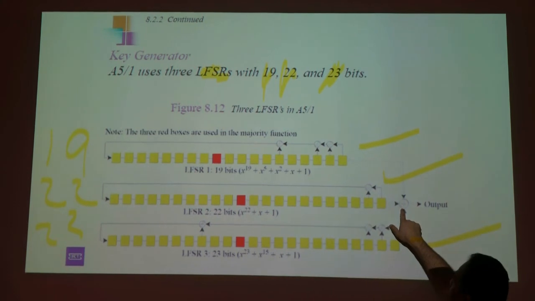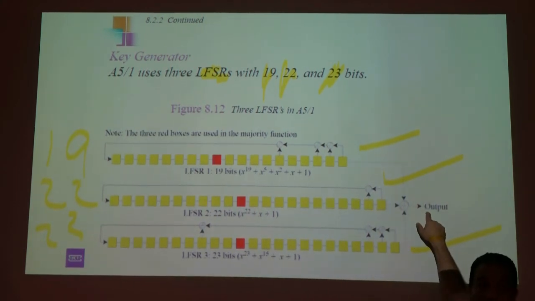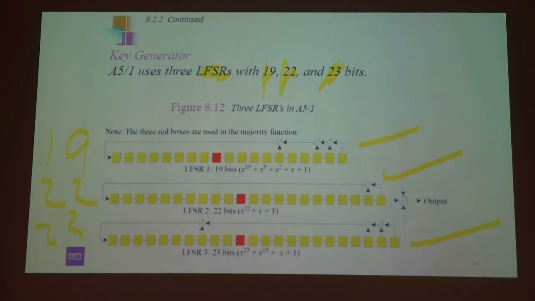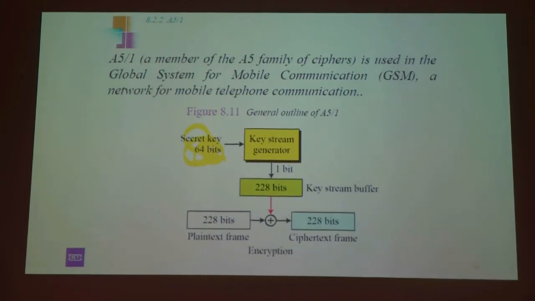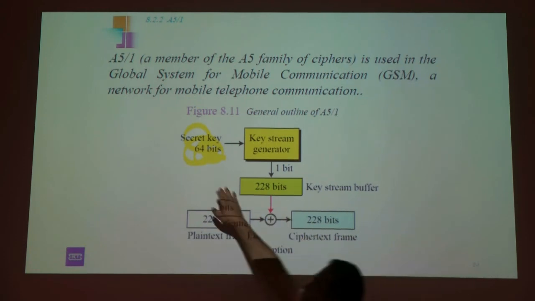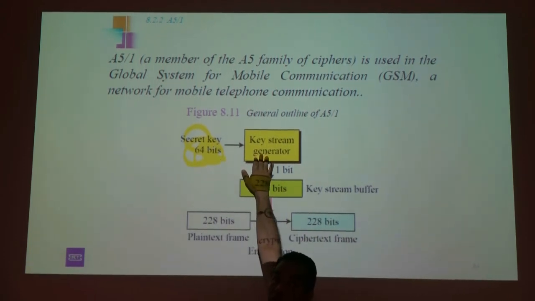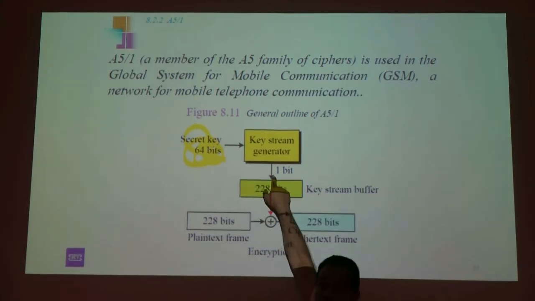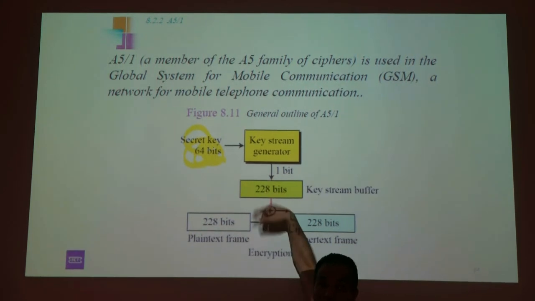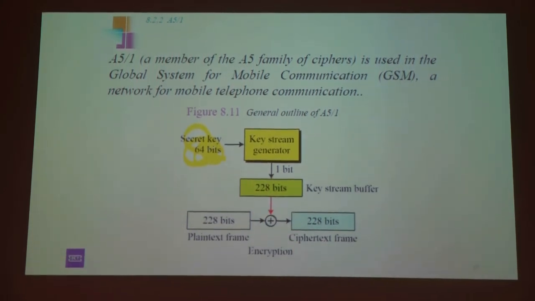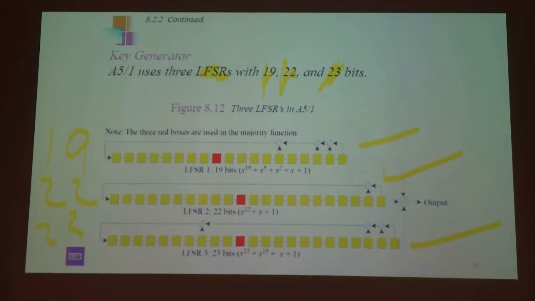They will be XORed and give you what? 1 bit. So this yellow box, what was the input? 64 bits. What do we have inside it? 3 LFSRs. And what's the output? 1 bit. Every tick will give you 1 bit. So this graph is what is inside that yellow box.